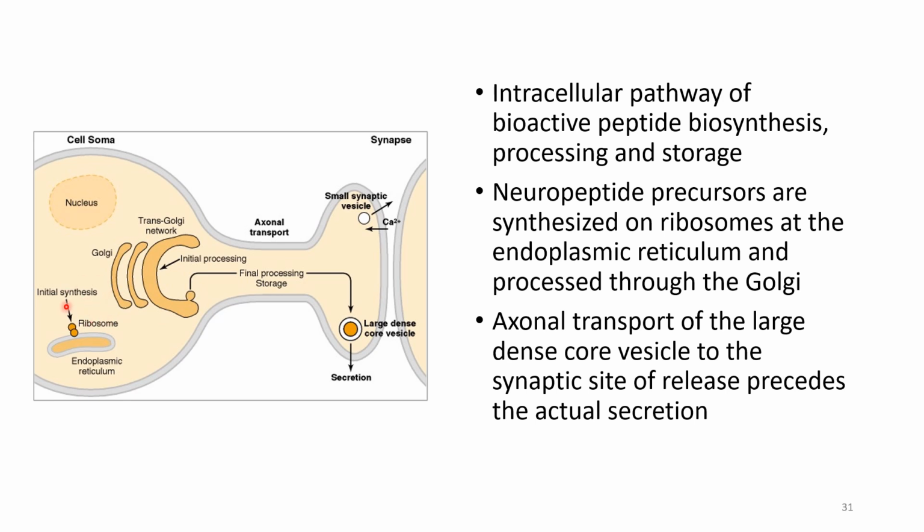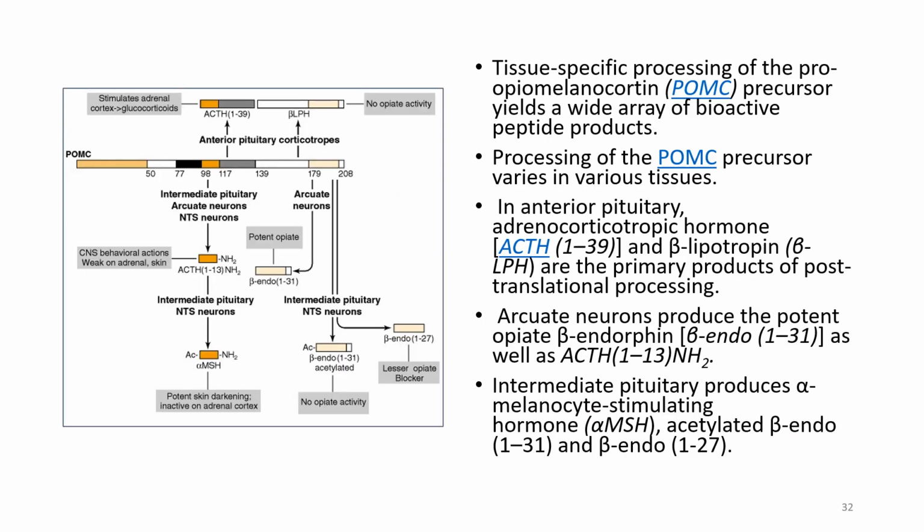Here it is synthesized in the soma, packaged into vesicles, transported, and stored in the large dense core vesicle. A large molecule called POMC, or pro-opiomelanocortin, is degraded serially, and in the anterior pituitary it releases ACTH and beta lipotropin.